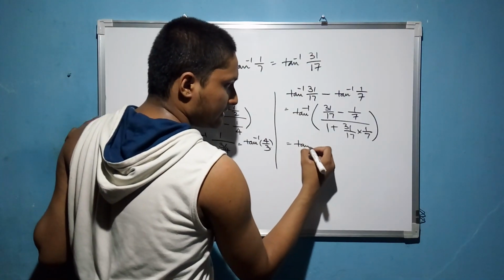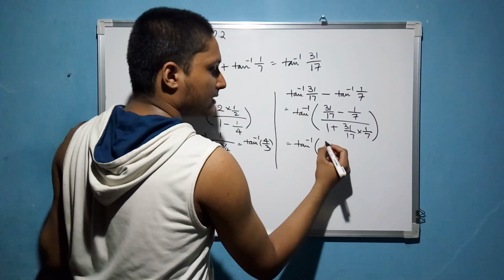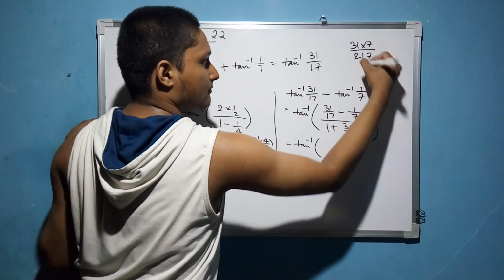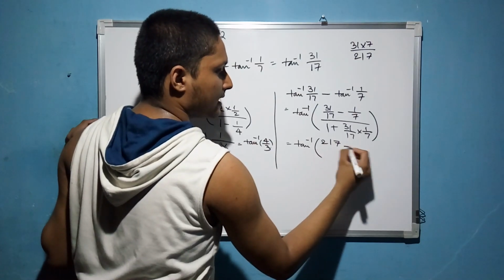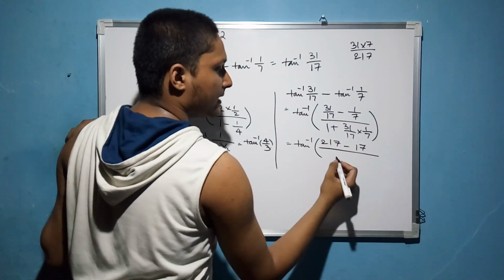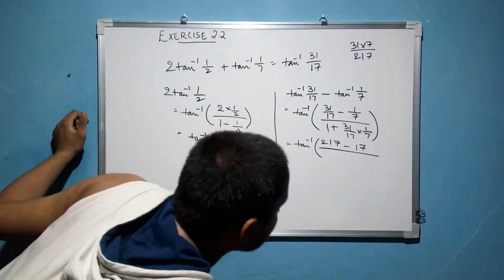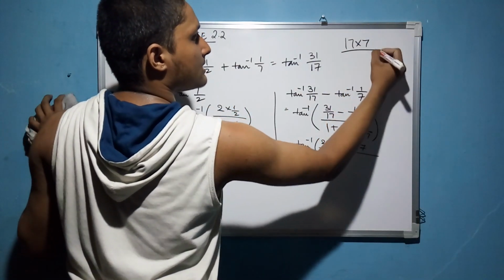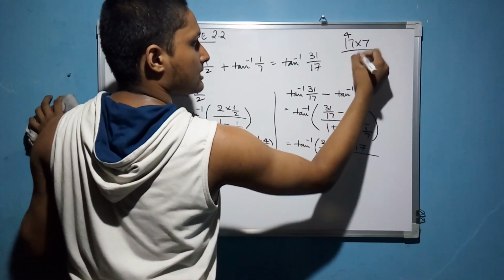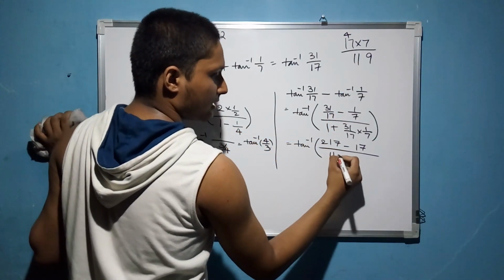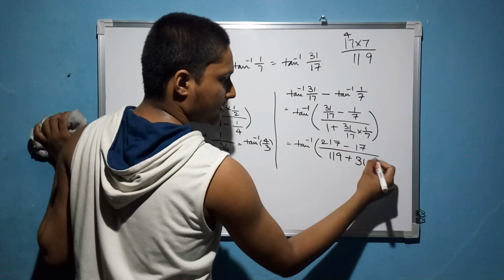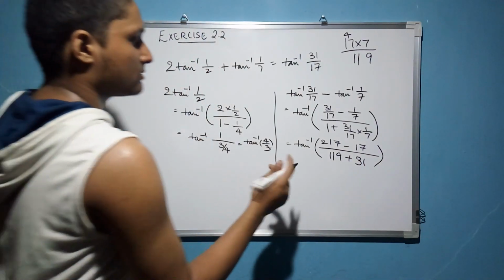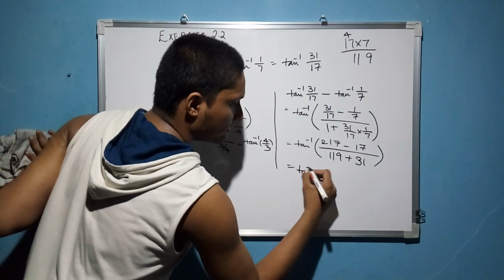This comes to be tan inverse 31 into 7, 217, minus 17 divided by 17 into 7, 7 7s are 49, 7 1s is 7, 119. It comes to be 119 plus 31. So somehow you need to get 4 by 3 here.